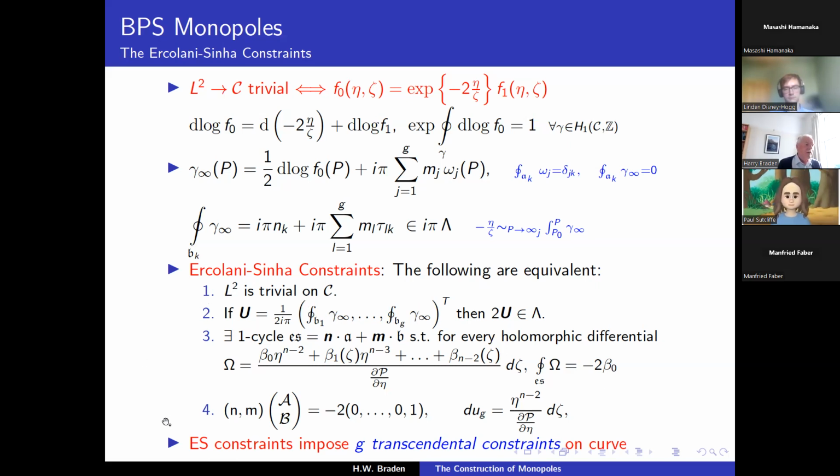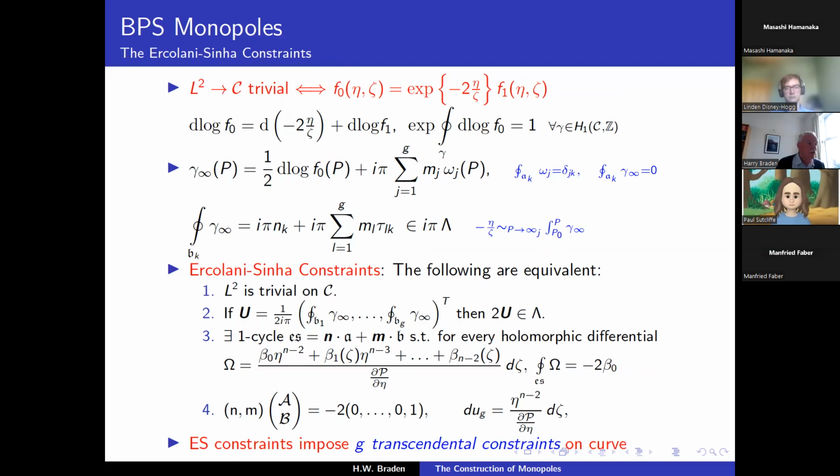Now, Corrigan and Goddard got these constraints, and when you take those constraints into account, you get the right dimension of the moduli space for a charge n instanton, and charge n monopole. And what Hitchin showed is actually that the ansatz gave you all of the non-singular monopoles, and would reconstruct all of them.